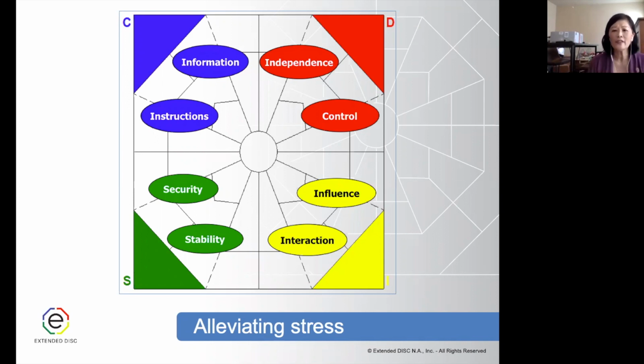If they're involved in decision making, anytime they're allowed to have more independent choices, that's going to make them feel more comfortable. For your I styles, that interaction, like I said earlier, instead of sending an email to your I style employee, just think about picking up the phone.